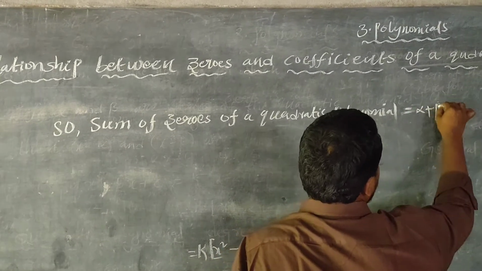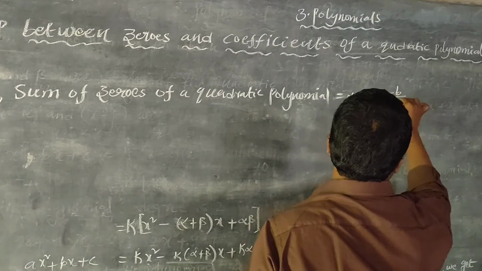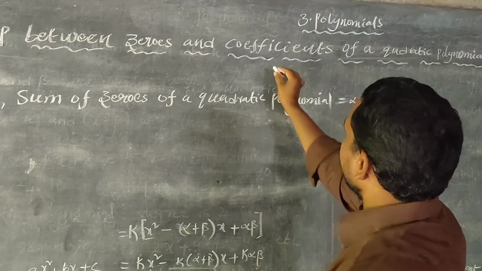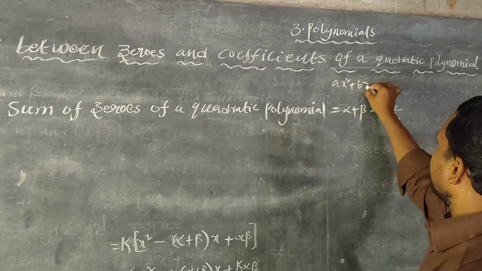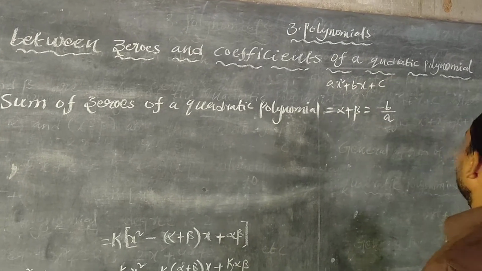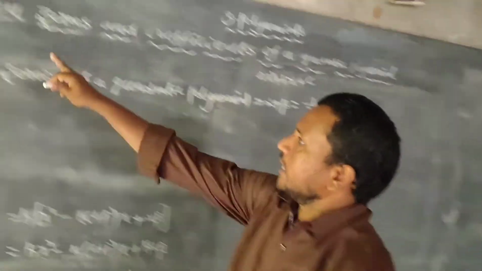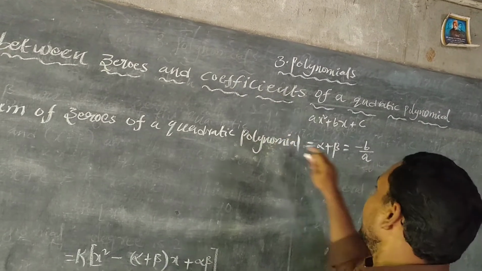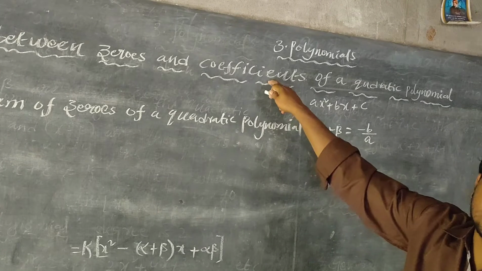Alpha plus beta is equal to minus b by a. What is the general form? Quadratic polynomial ax square plus bx plus c. So write it in words: the relation between zeros and the coefficients.